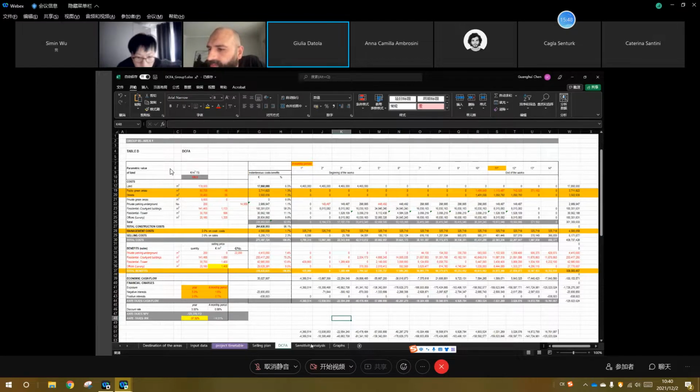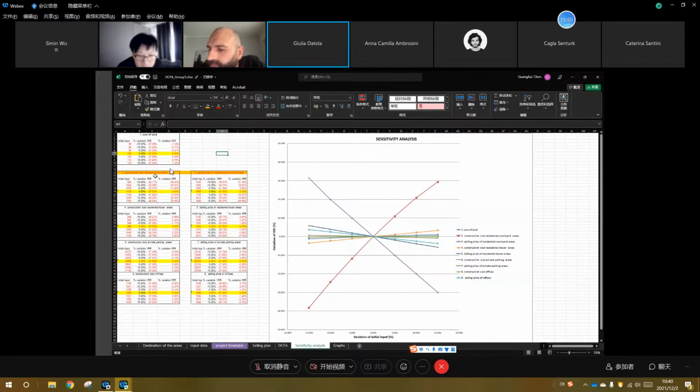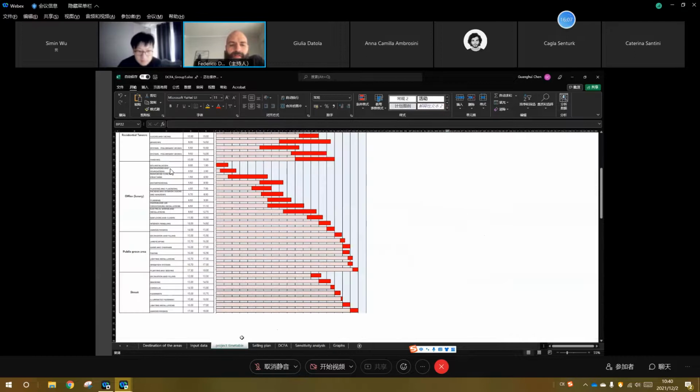So make these corrections, and if you want, you can send us the Excel file in order to check everything. When you deliver the final report, you can also upload the Excel file. We just send the email or upload it on Weebip? On Weebip. Thank you, Professor.